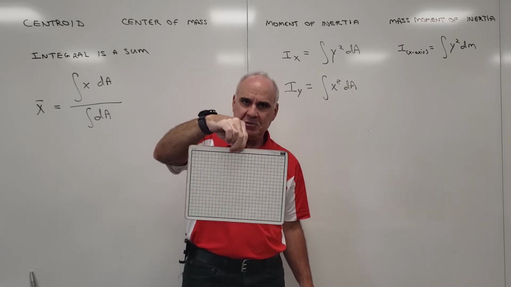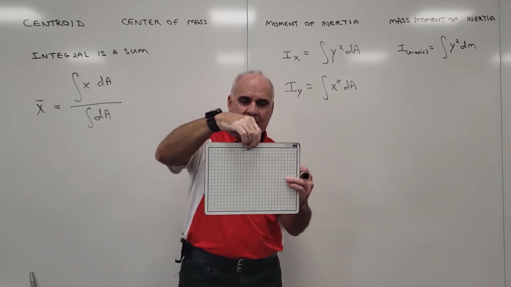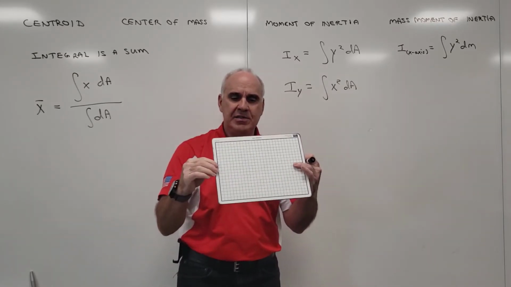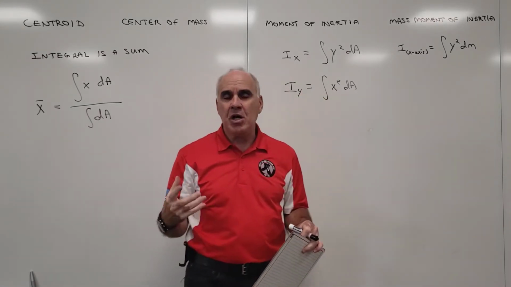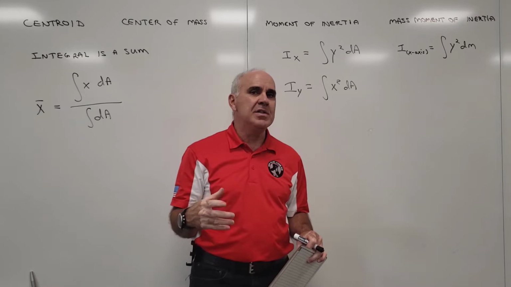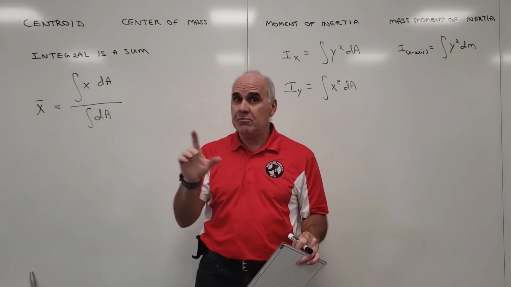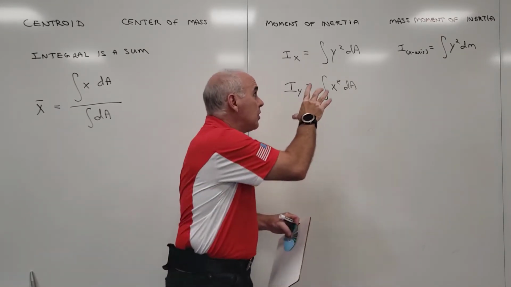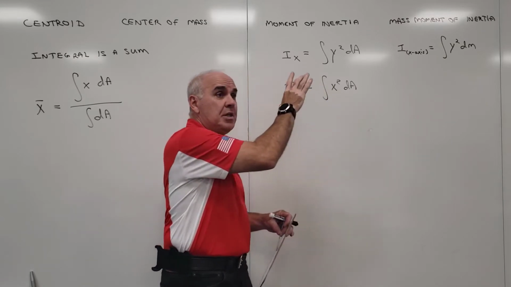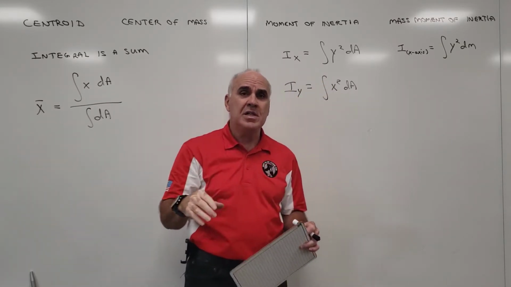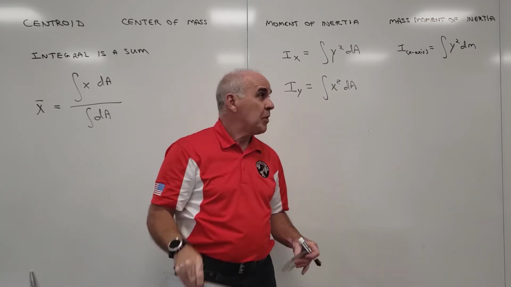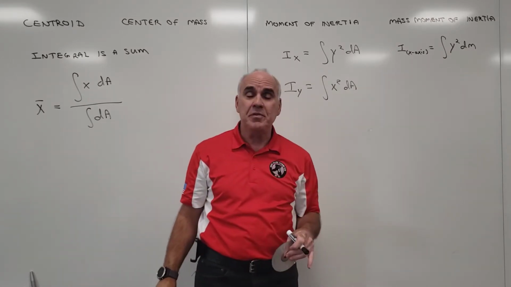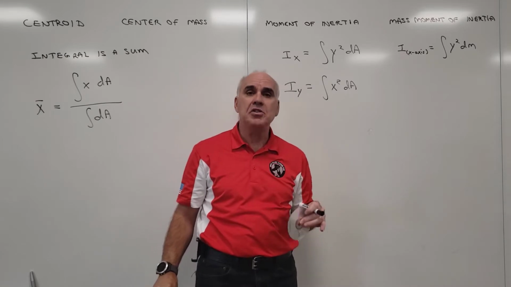I'm holding it very specifically where the y-axis runs through the center and the x-axis runs through the center. So these are the equations that work if I'm talking about the x-axis or y-axis that goes through the centroid, right? Very important. This works for the moment of inertia about an axis passing through the centroid of the shape, or in the case of the mass moment of inertia, through the center of mass of the shape.